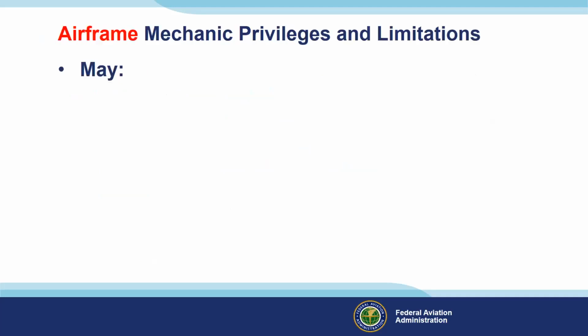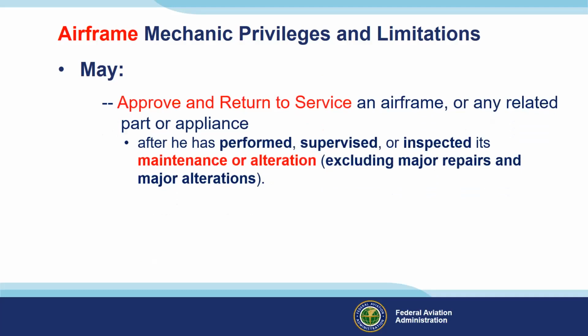So, an airframe mechanic, privileges and limitations. An airframe mechanic may approve and return to service an airframe or any related part or appliance. Remember, the appliance is something that's attached to the airframe.